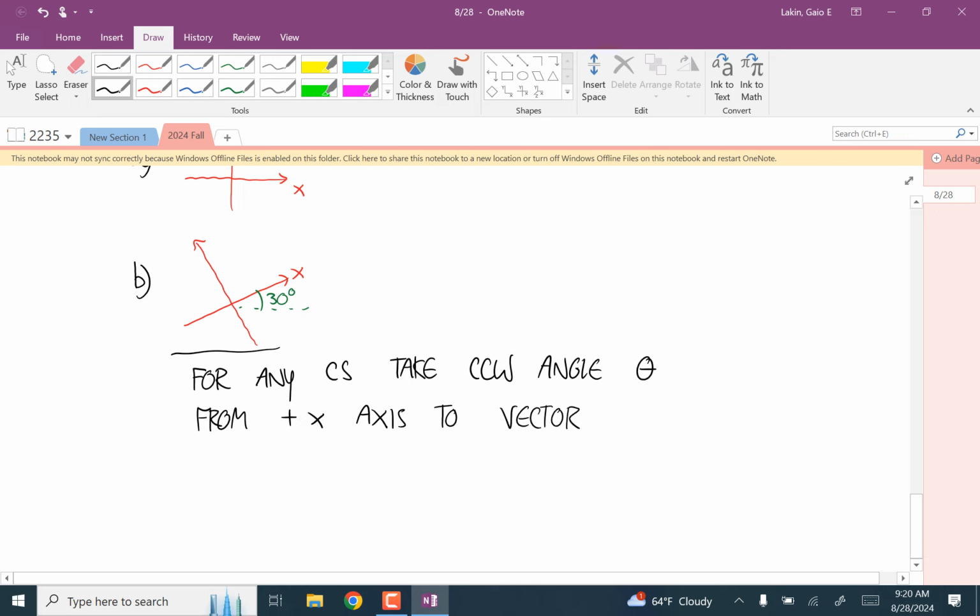It's important that the tail of the vector is moved to the origin of the coordinate system for this to work.